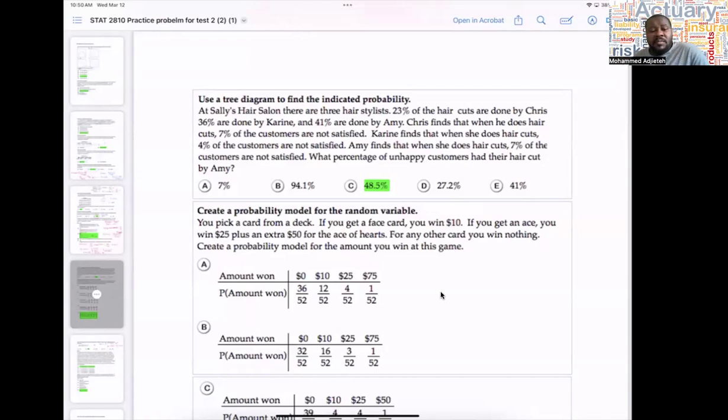In this problem, we are told that Sally's hair salon has three hairstylists, and those hairstylists are Chris, Karen, and Amy. What we are being asked here is to use the tree diagram to find the indicated probability.